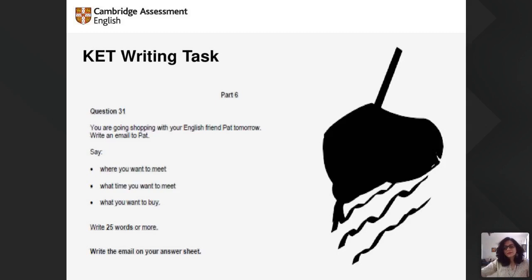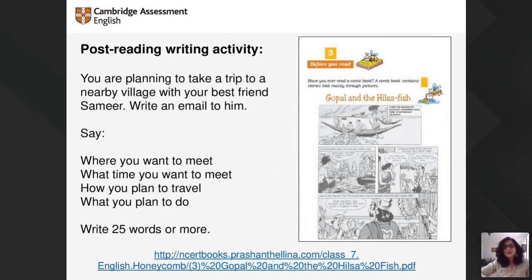So now let's look at an actual task based again on Gopal and the Hilsa fish, which is the unit from the NCERT course book, and how a teacher can design a question on similar lines.